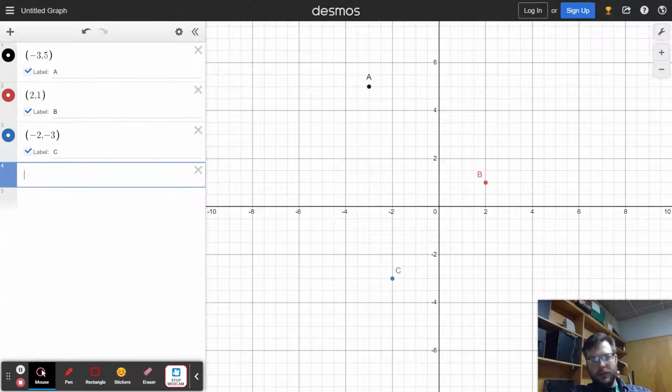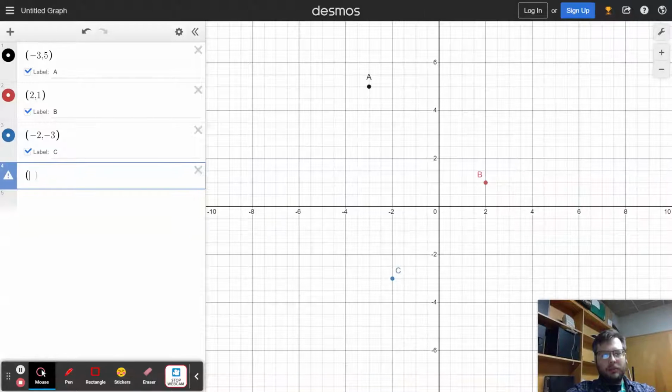So what I'm going to do is find the perpendicular bisectors. First I can put the midpoints on the graph. You can just use your midpoint formula where you add the two x values and divide by 2, add the two y values and divide by 2, and you'll get your midpoints.